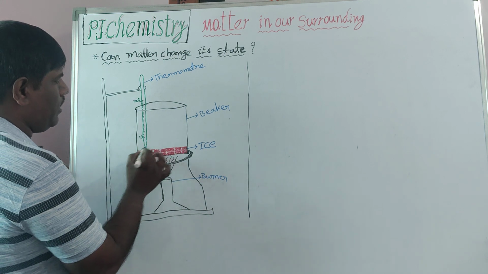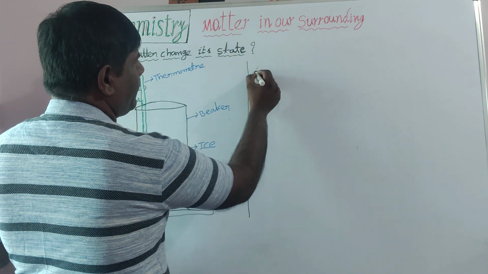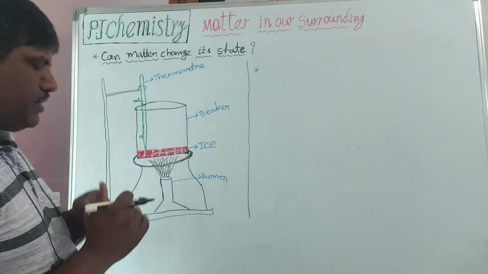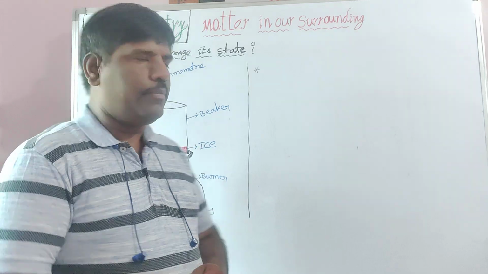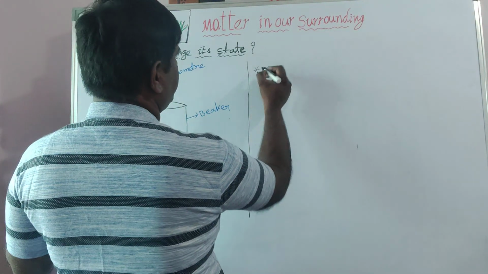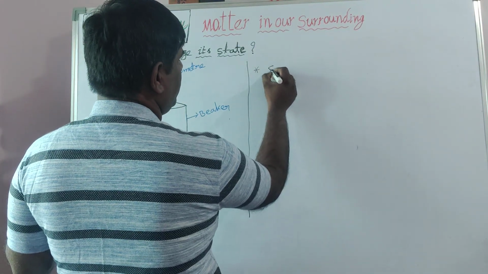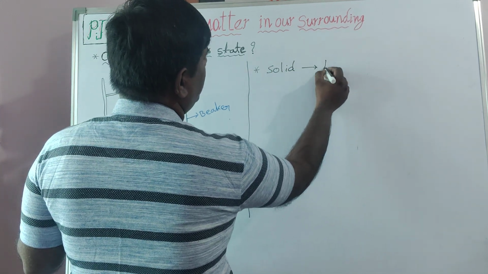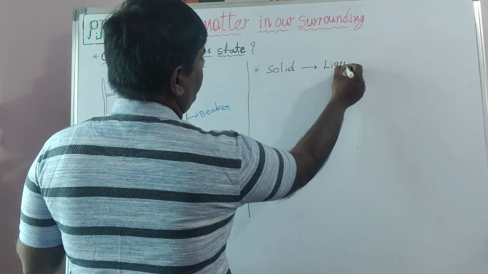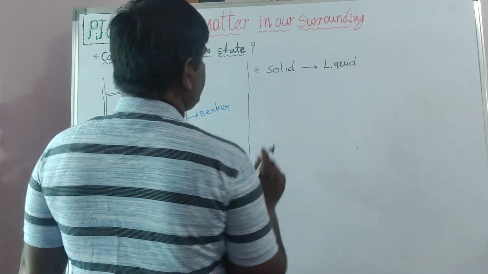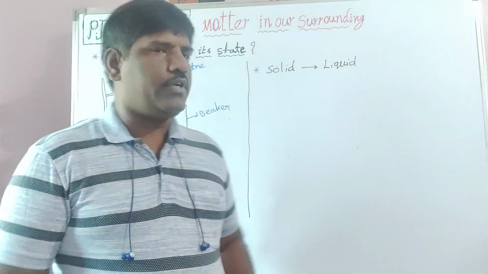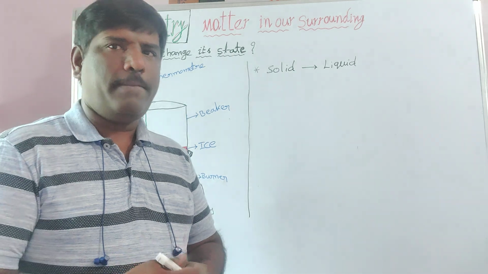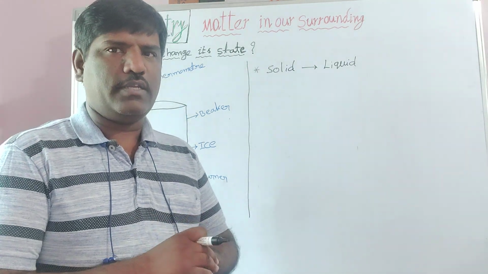So in this activity, what we are going to observe is the conversion of solid into liquid. What do we call the conversion of solid into liquid? We call it melting. Ice cubes are melting by absorbing heat.